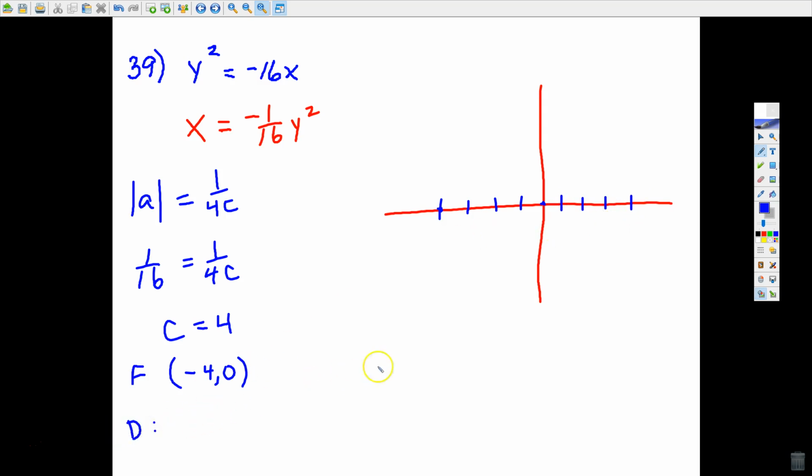And just remember, please don't tell me the directrix is 4. If it's a line, then it needs to have a linear equation. And the linear equation for a vertical line crossing the x-axis at 4 is the equation x equals 4.